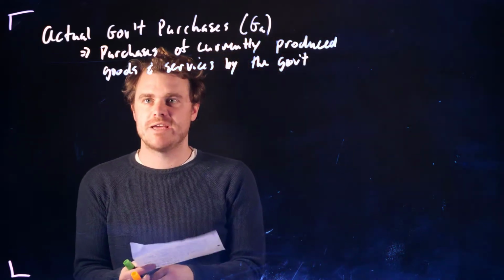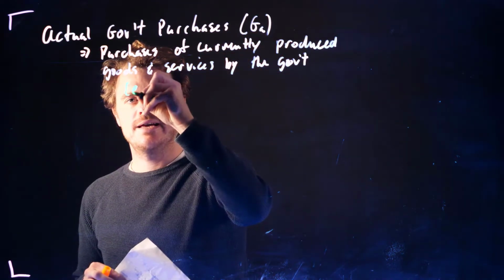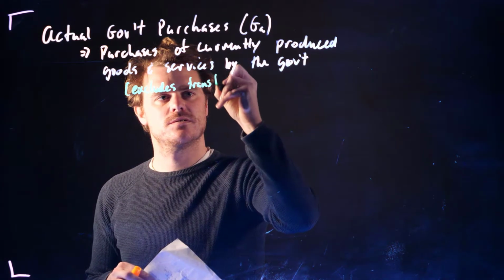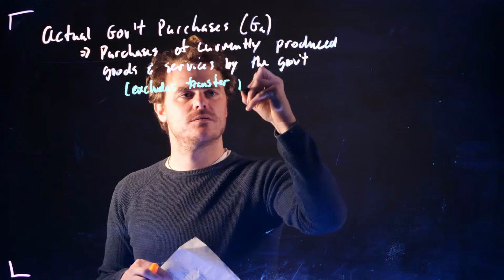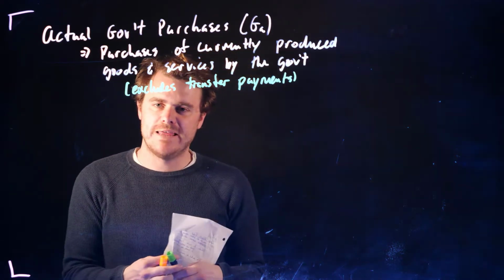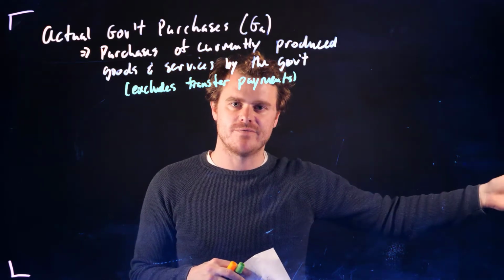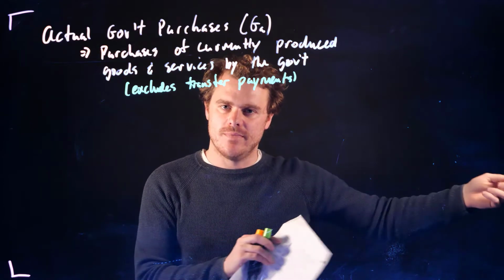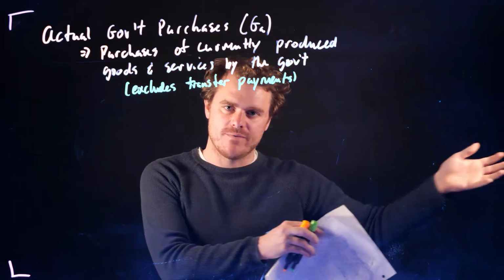We make a note that this excludes transfer payments, so we're not going to include money that goes to people. Sometimes the government takes money from one group and transfers it to another. We don't want to count that, because it's just money going from one to another.